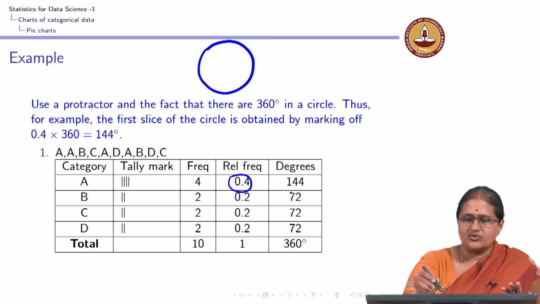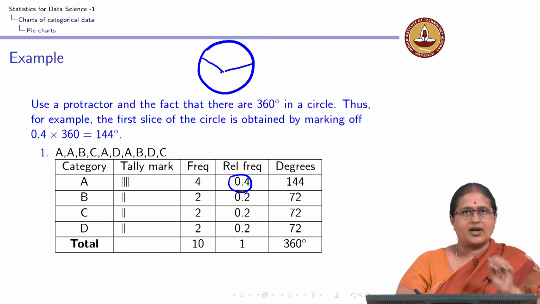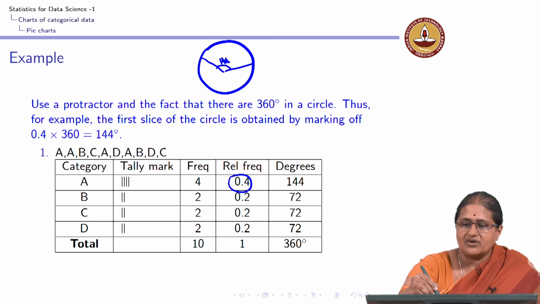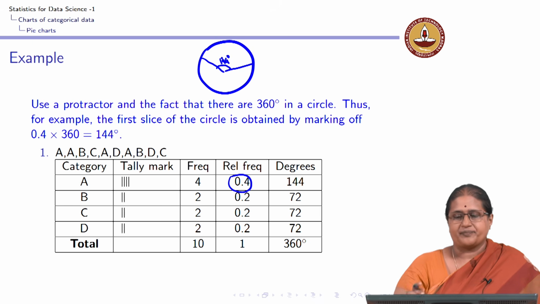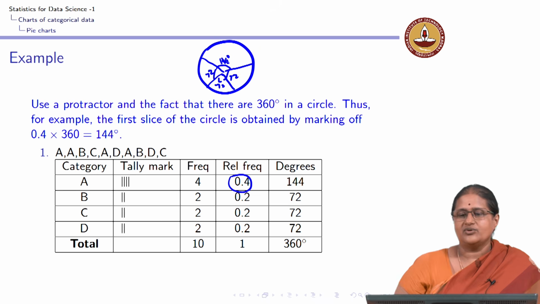This is 72. So, I know that this is going to be 144 degrees. Now, the next thing I have is B, which is 72, C is 72, and D is 72 degrees.